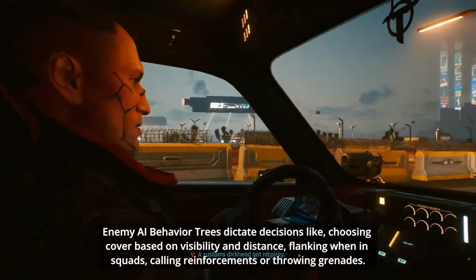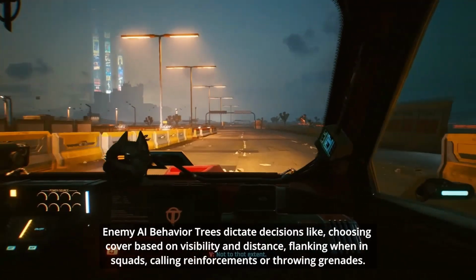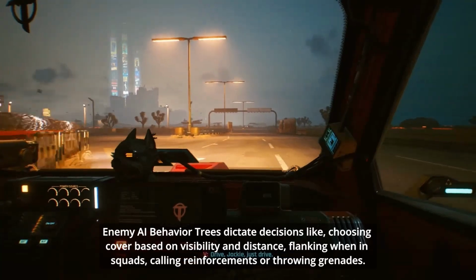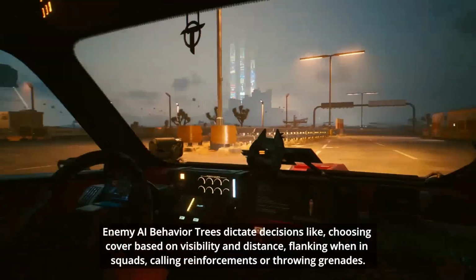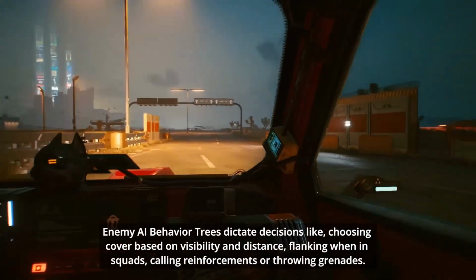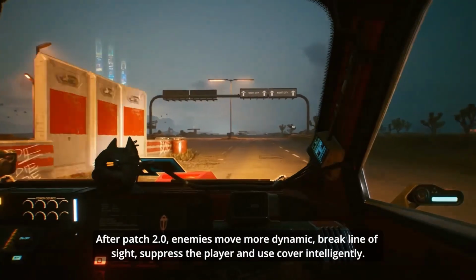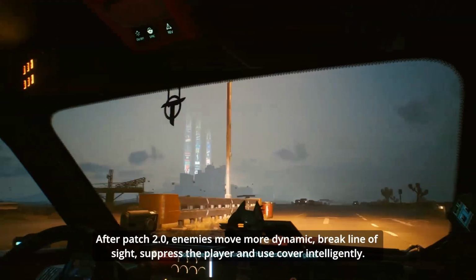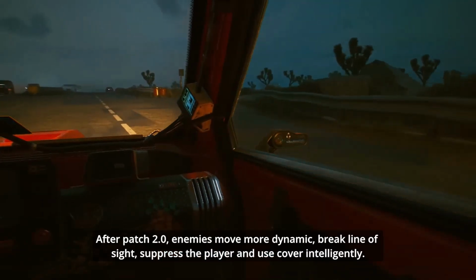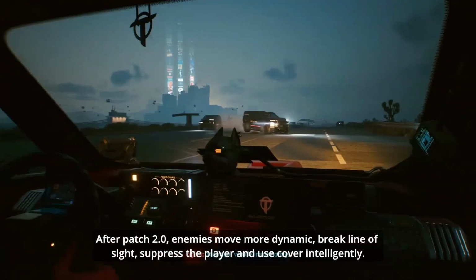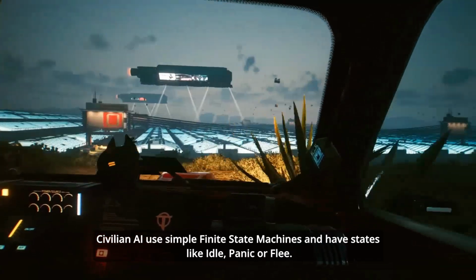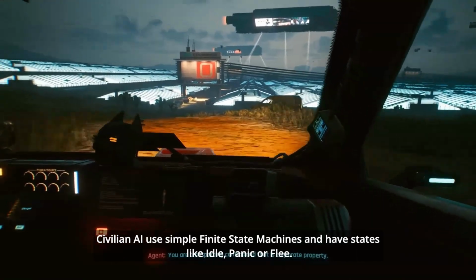Enemy AI behavior trees dictate decisions like choosing cover based on visibility and distance, flanking when in squads, calling reinforcements or throwing grenades. After patch 2.0, enemies move more dynamically, break line of sight, suppress the player, and use cover intelligently. Civilian AI uses simple finite state machines and has states like idle, panic, or flee.